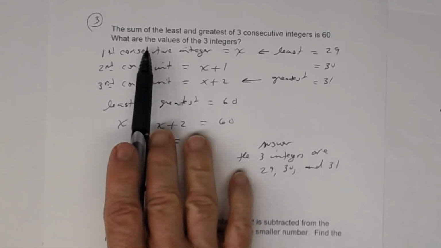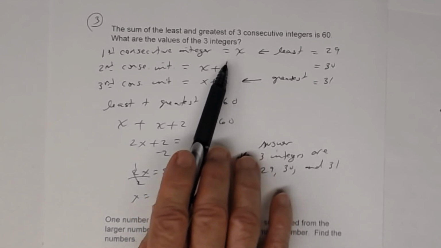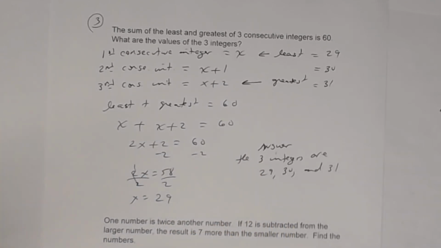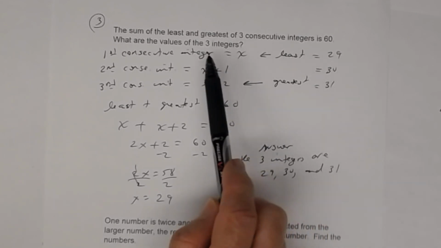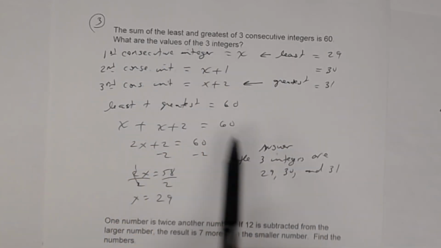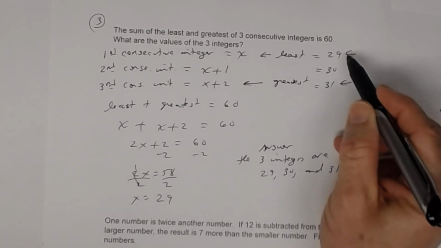So the sum of the least and the greatest of the three consecutive integers, let's see, x plus 2 minus... 58 divided by 2 is 29. Oh, okay, I'm sorry. This is correct. Remember, the problem said the sum of the least and the greatest. So this one and this one have to be 60, right?